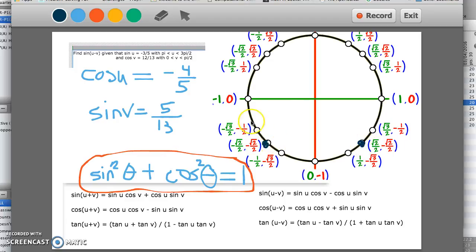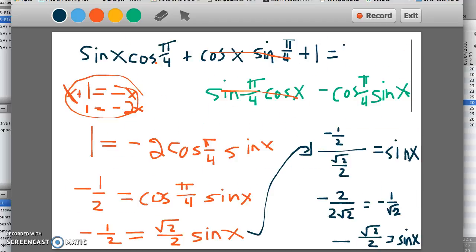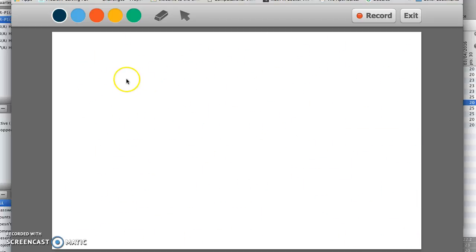That's 225 and 315. In radians, if we divide the circle into fourths, 4 pi over 4 is 180, so my answers are 5 pi over 4 and 7 pi over 4.